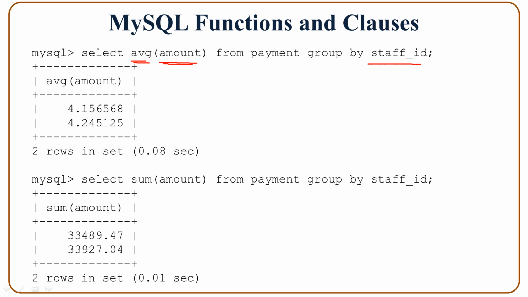The functions work in a similar way, and you have the sum for staff 1 and staff 2. If you want to get the max of amount grouped by staff ID, then you use the max function, and there's also another function which is mean.